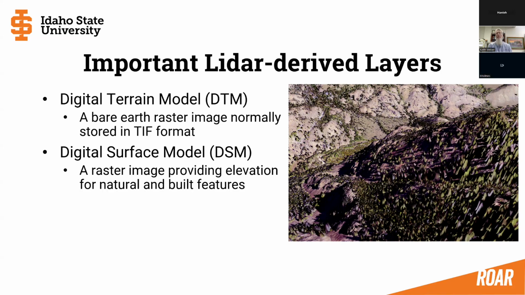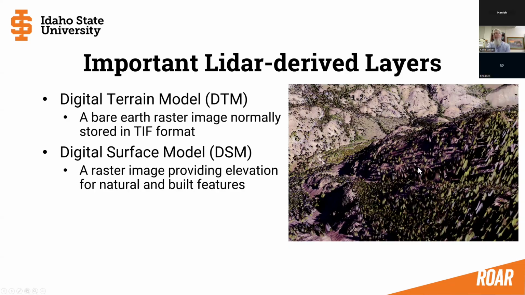You can do quite a bit of analysis with that online or streaming service without having to do any downloading whatsoever. But what we're going to focus on today is this digital surface model, or DSM. It's a raster image, also stored in TIFF file format, providing elevation for natural and built geographic features.